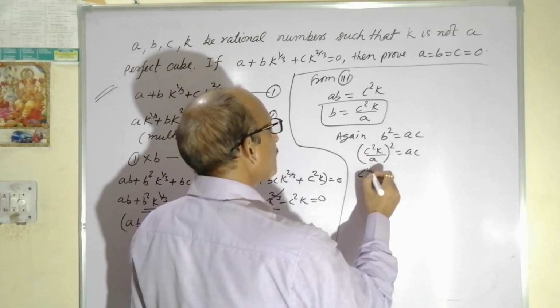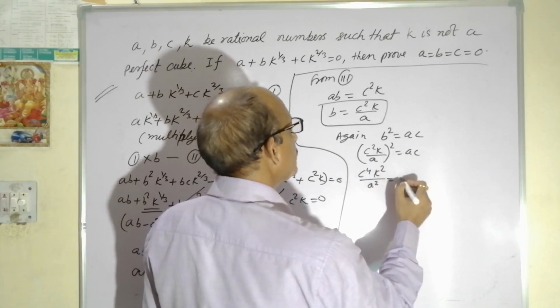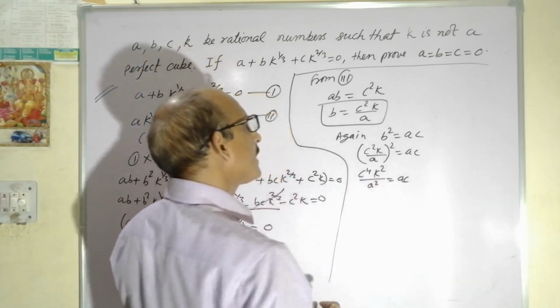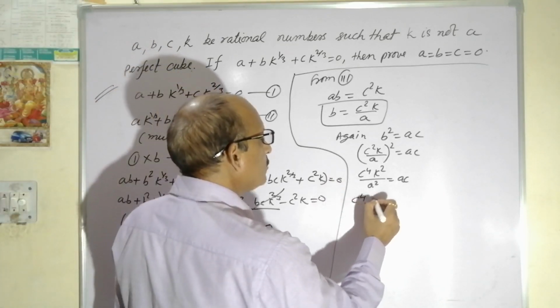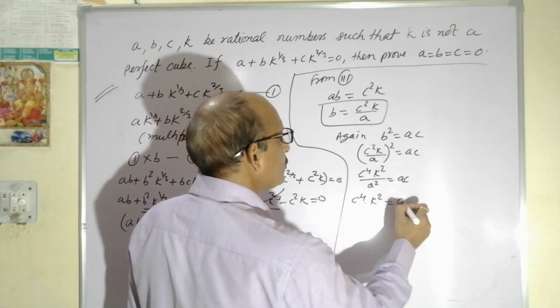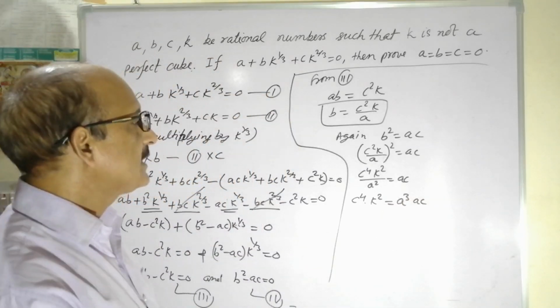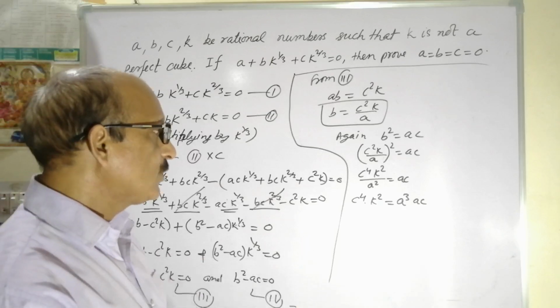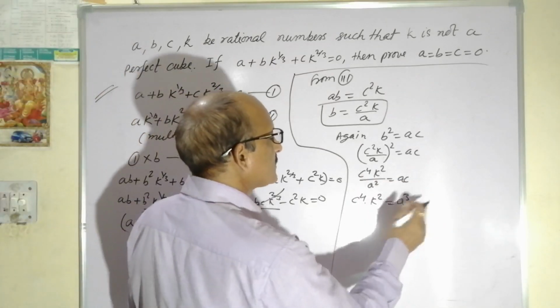So we'll get C power 4 K square upon A square is equal to AC. I hope it is clear. Then we'll get C power 4 into K square is equal to A cube C.